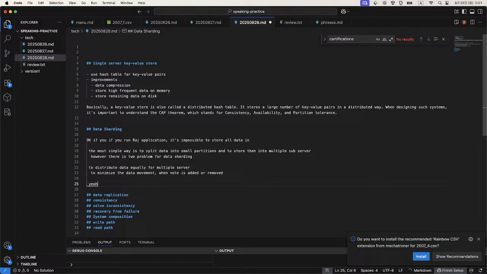So we can use consistent hashing for these problems. It makes it possible to auto-scale and distribute data equally.